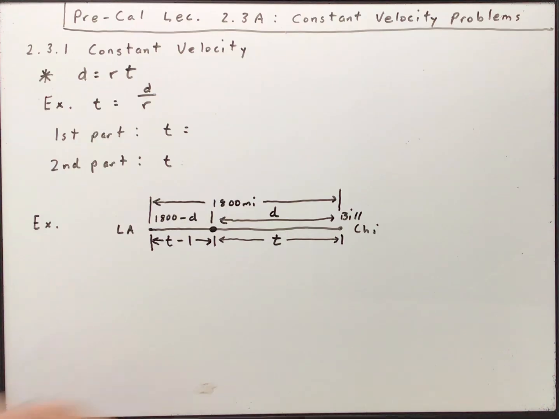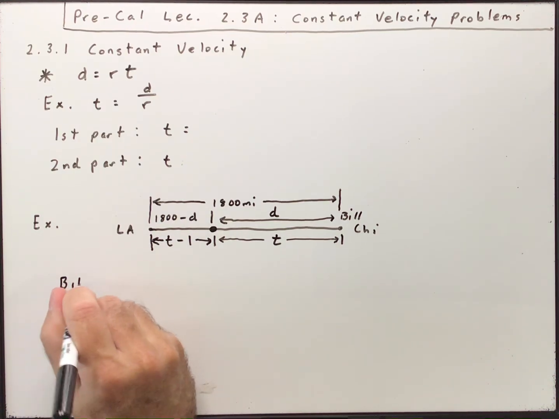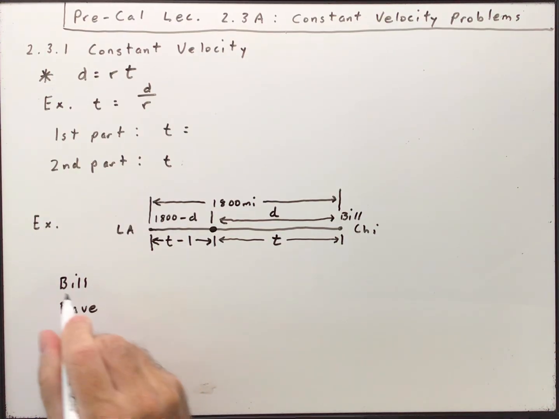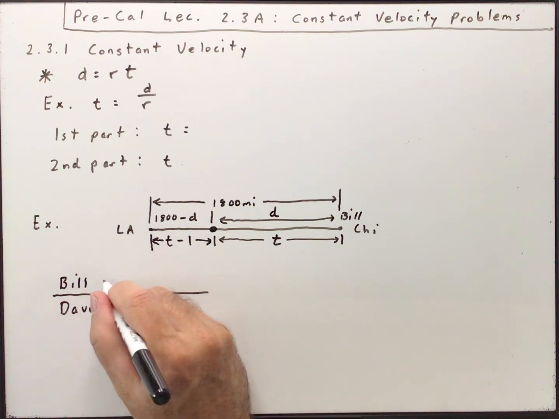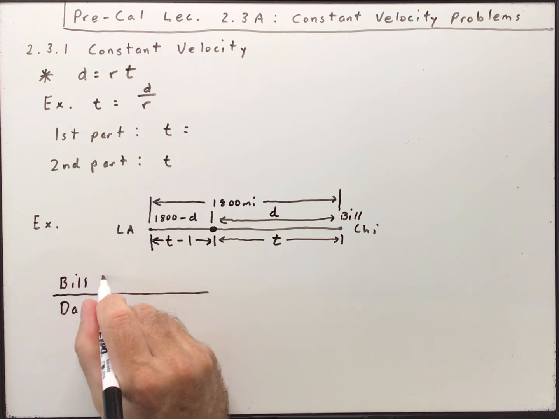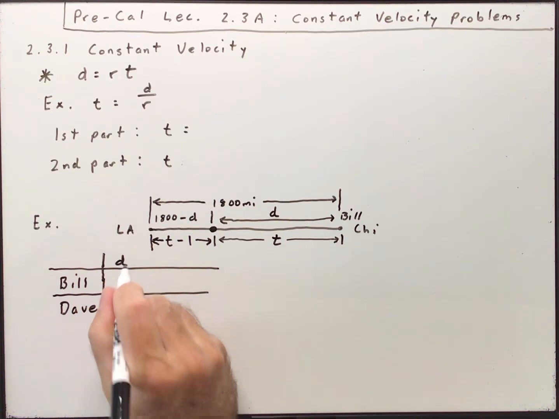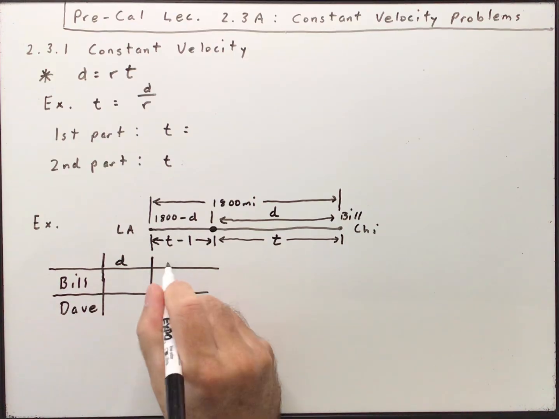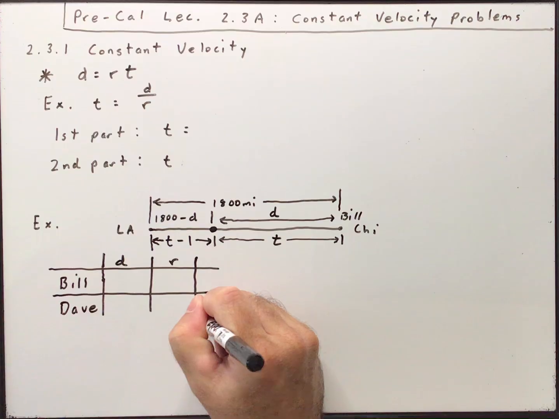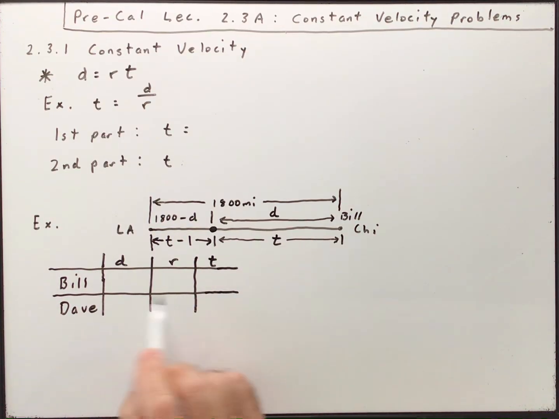But what I would suggest that you do is make a chart. So we've got Bill and we've got Dave. In the chart, we've got D, R, and T. I crowded mine a little bit, but you don't have to on your paper.